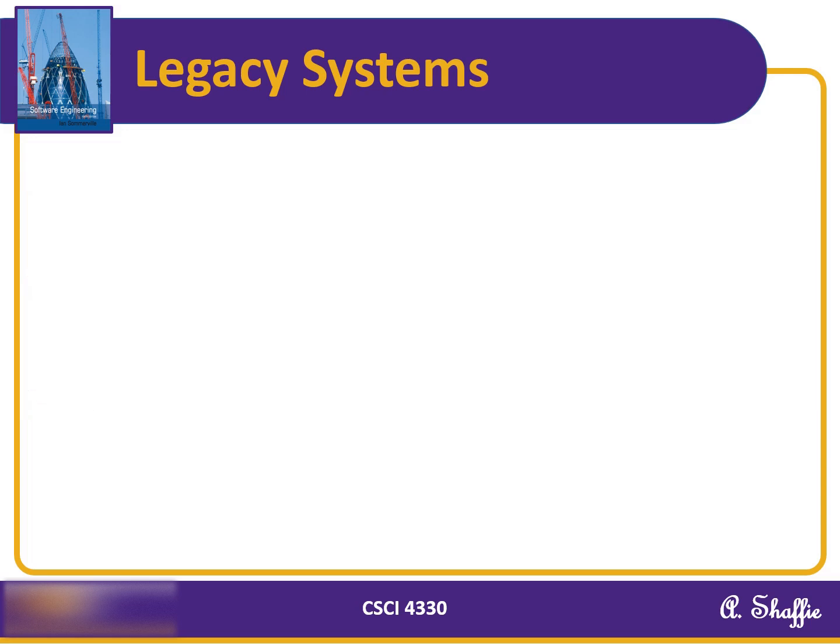Let's now look at the components of a legacy system and how they are interconnected. At the center, we have application software, which is the core of the system that provides business services and delivers the functionality that users rely on. Usually, it is made up of a number of application programs. However, this software does not operate in isolation.